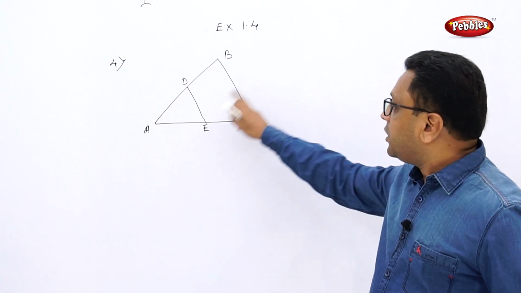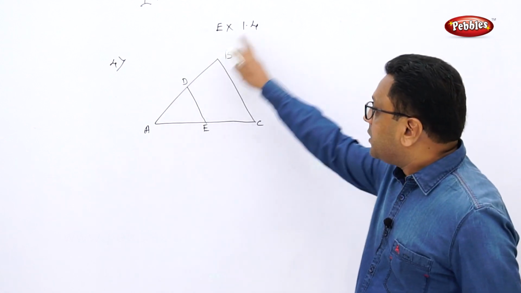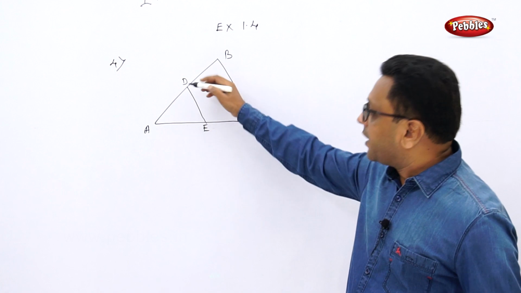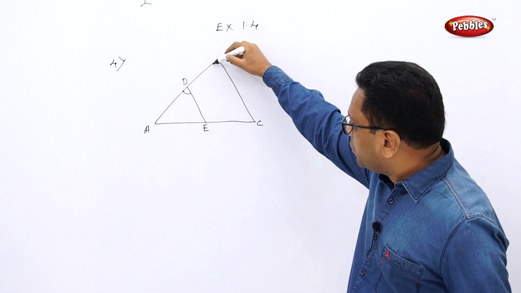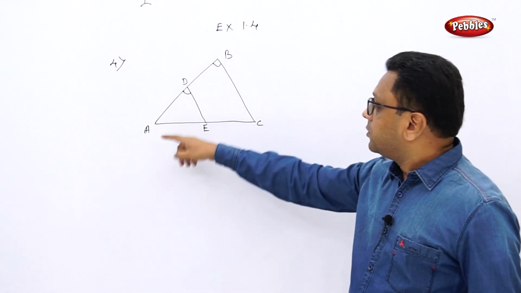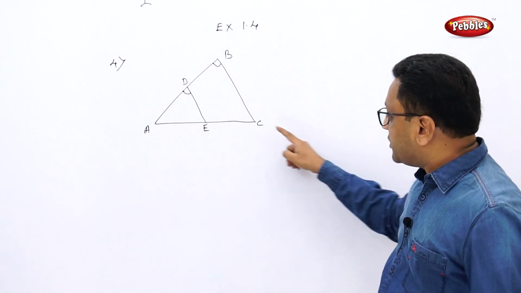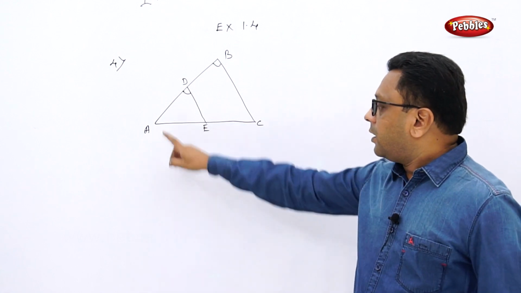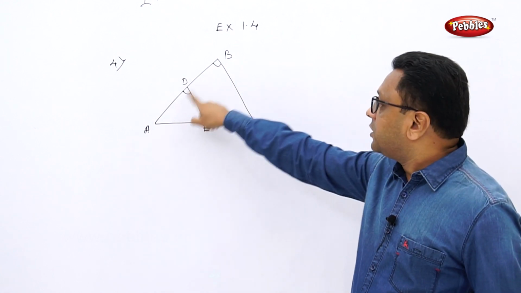Now in this case DE is parallel to BC and AB is a transversal, so this angle is equal to this angle. Correct? Now in these two triangles, that is the small triangle ADE and the bigger triangle ABC, angle A is common and angle D is equal to angle B, because they are corresponding angles.